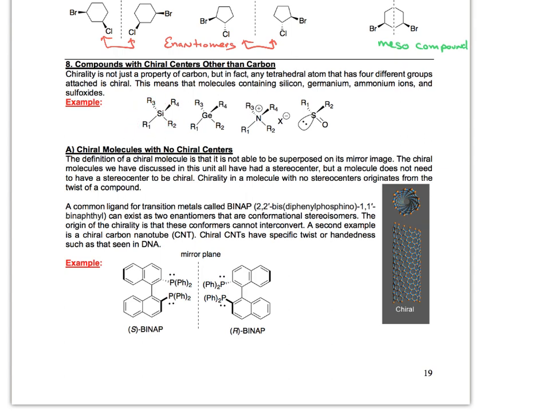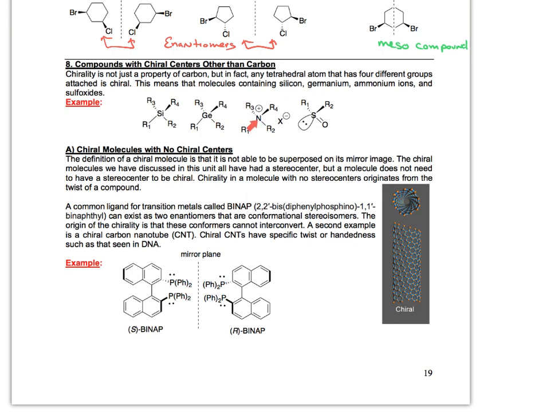These compounds are chiral. Germanium is the same way. It can also form 4 bonds, in a tetrahedral geometry, so we can get 4 different things on there. This could be a chiral center if all of these are different. Nitrogen as well. So not your standard amines, but a quaternary ammonium salt.